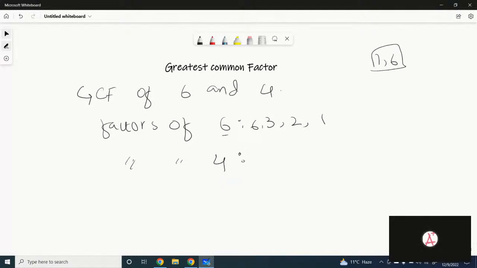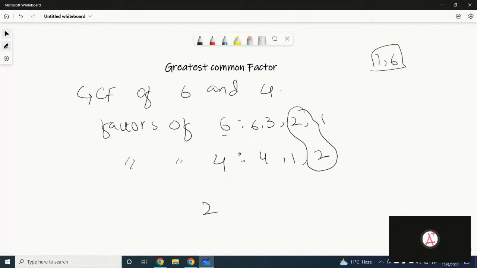For 4, it is 4 times 1 and 2 times 2. Do we have any other numbers that when multiplied make 4? No. So you have just one number common in all the factors, that is 2.